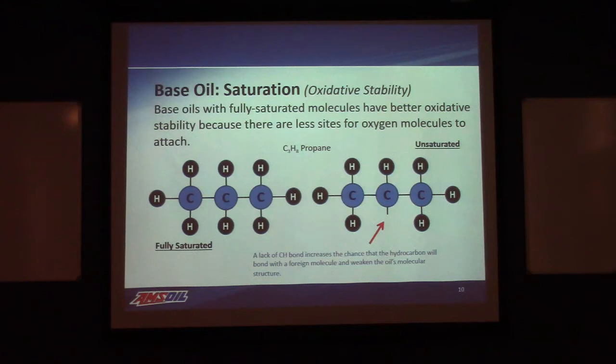Generally speaking, the most likely thing that's going to wind up there is an oxygen molecule. The molecule starts to oxidize. Once that happens, its properties and characteristics change. It doesn't have the lubrication qualities that it had before. So this can be an issue.